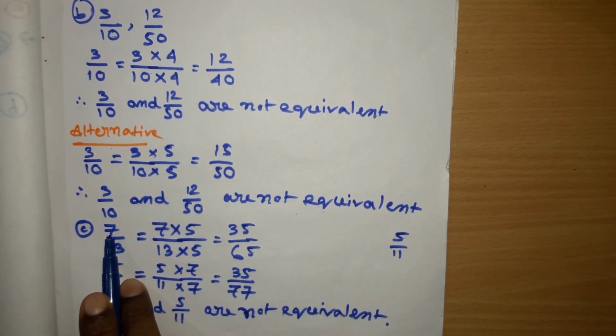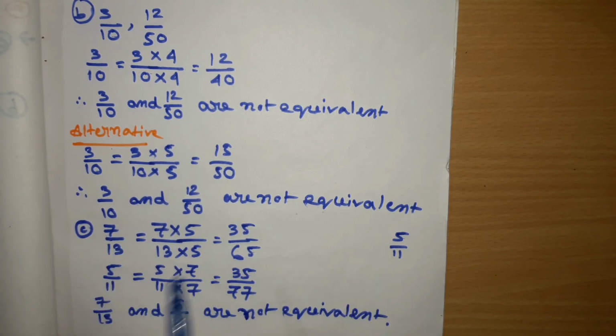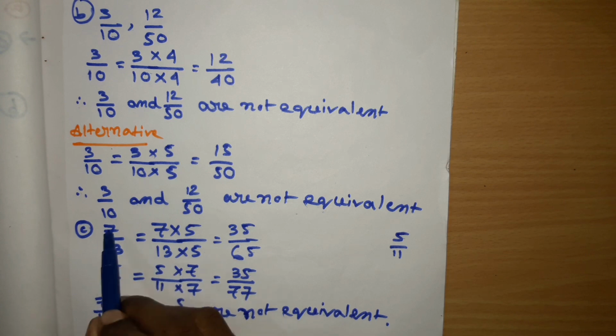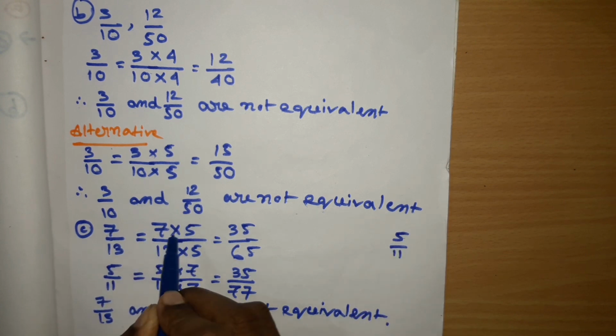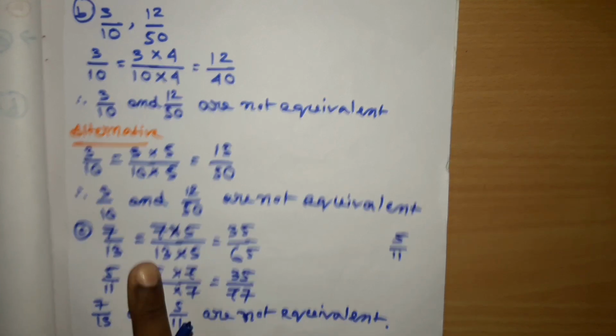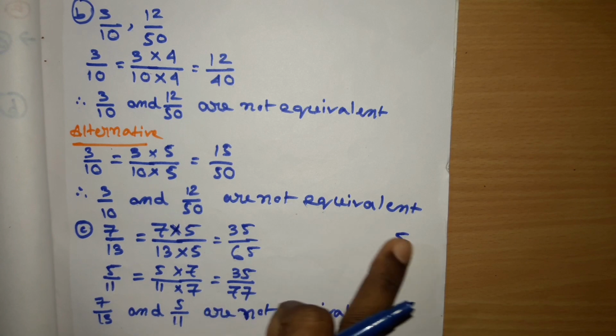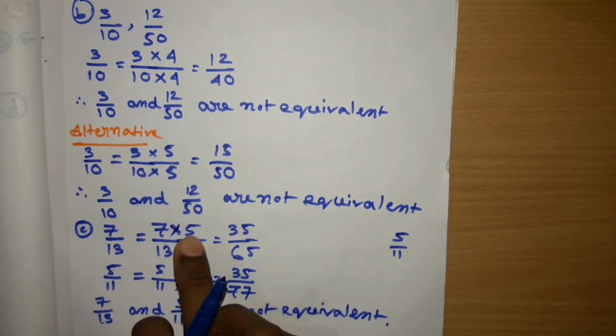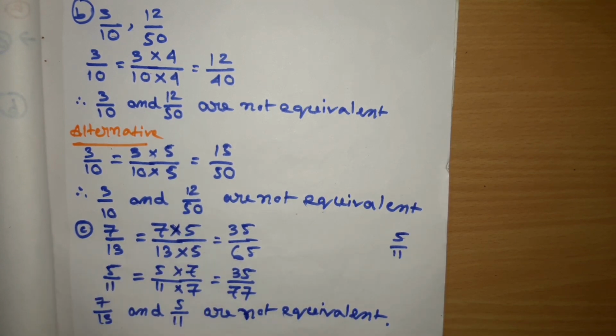So that's why I multiplied it with the other number, because in a prime number there is no common factor. So in the table of 7, 5 will never come. So in the table of 5, 7 will never come. That's why. And at the same time 13 and 11 are also both prime numbers.